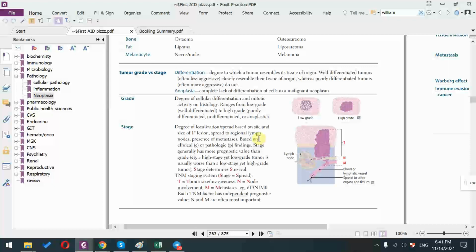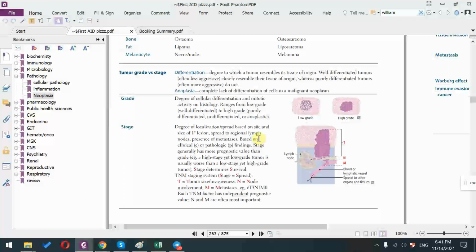You want the tumor to be high grade or low grade? If someone has a tumor, you want it to be low grade or high grade? Low grade. Why? Because low grade means that it's well differentiated. It has much better prognosis.